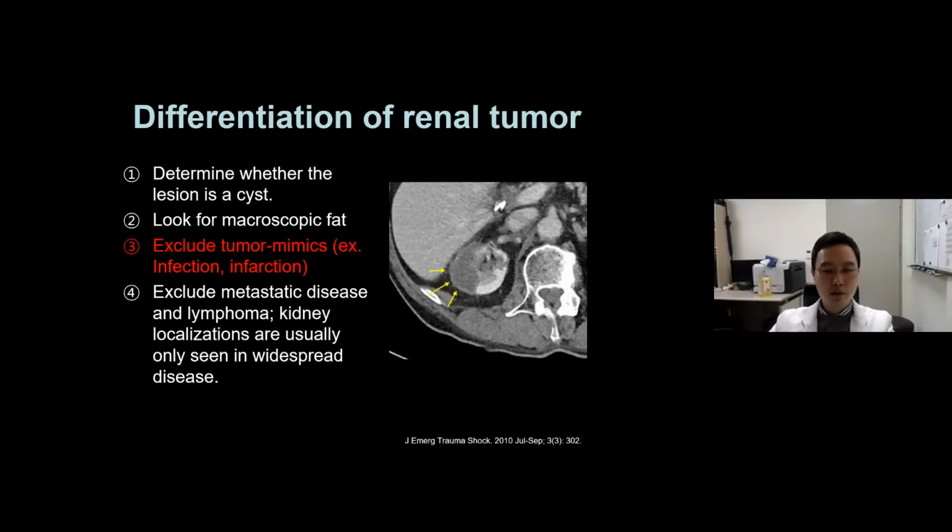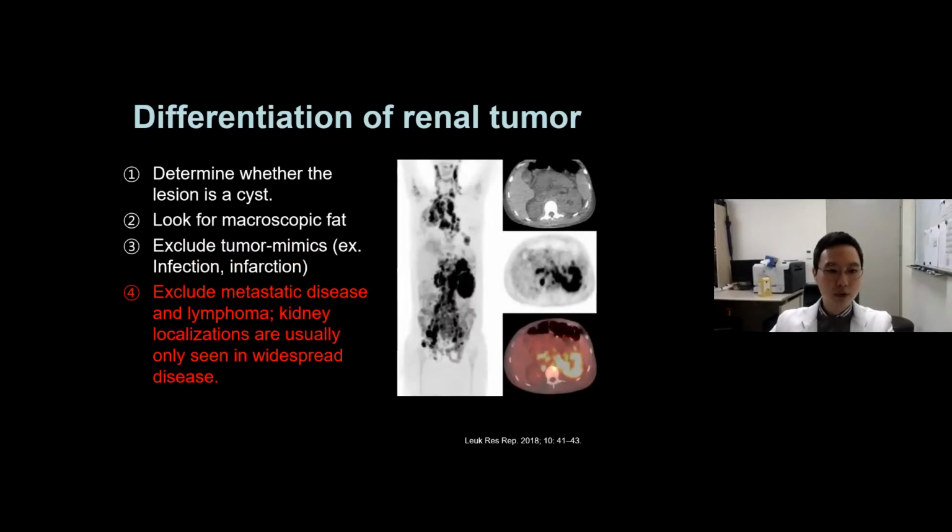So now we have excluded simple cyst, AML, and the possibility of infection. Then we have to see whether this lesion is metastatic disease or lymphoma involving the kidney.